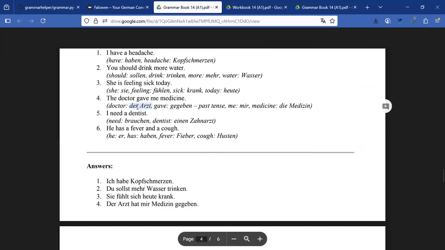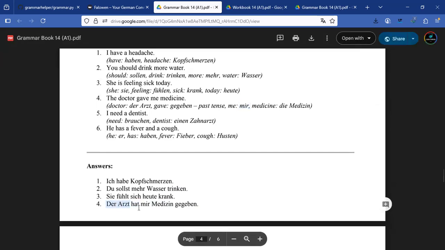So we have the perfect statements. The conjugated verb, the haben, is always at number two. So the subject and the auxiliary verb haben. So der Arzt hat, and geben is a dative verb, which we will learn later, tomorrow or next time. So the mir is here.